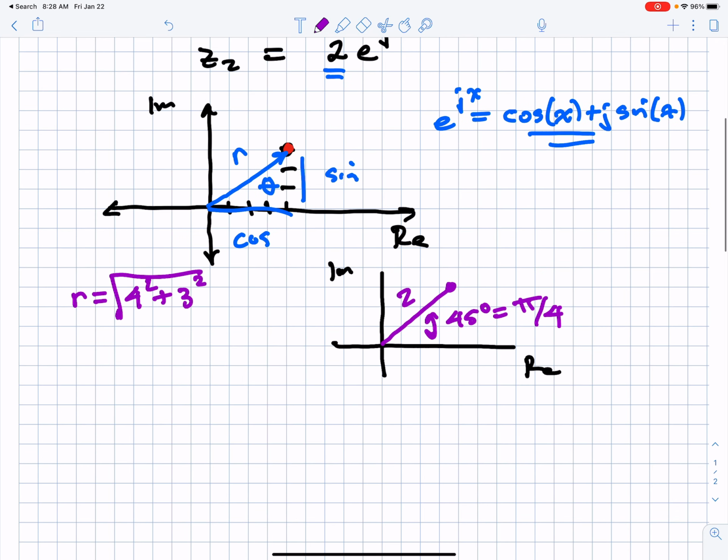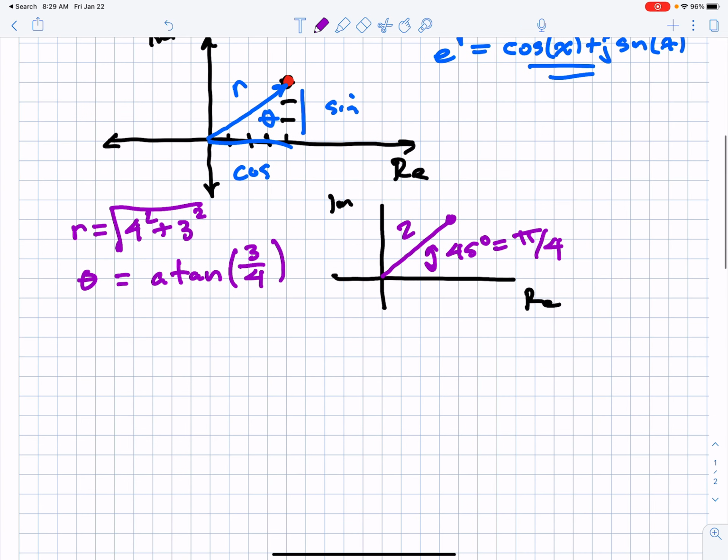And to get theta, it's just an arctangent of the imaginary part over the real part. You have to keep track of quadrants if some of the angles are negative, and that's why you tend to use MATLAB to make these conversions.